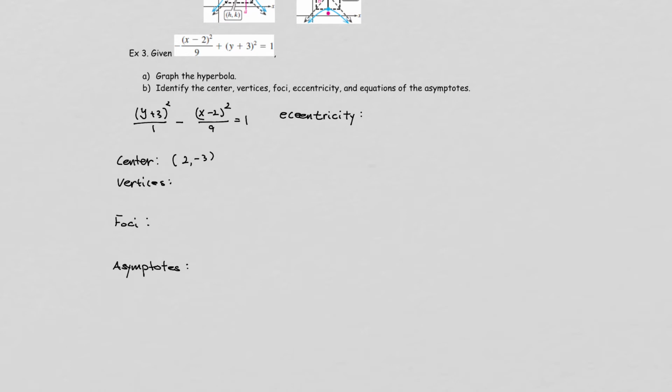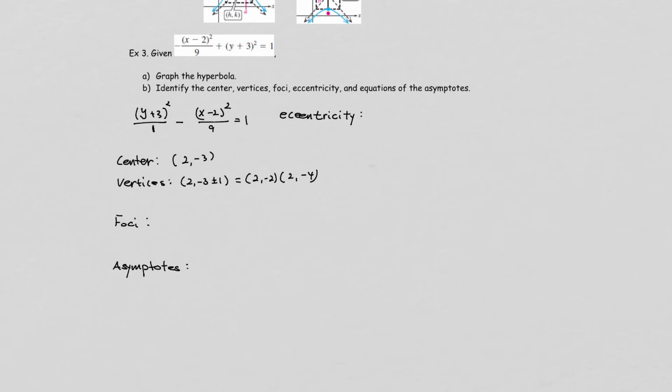And vertex, move plus minus 1 for y. So x stays the same, from negative 3 you're going to move plus minus 1, which you end up getting (2, −2) and (2, −4).